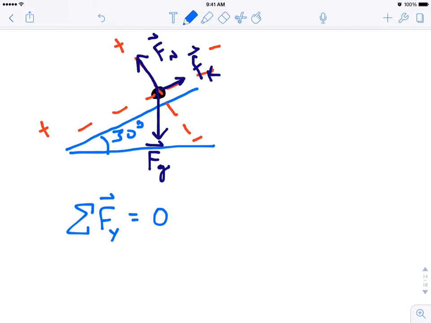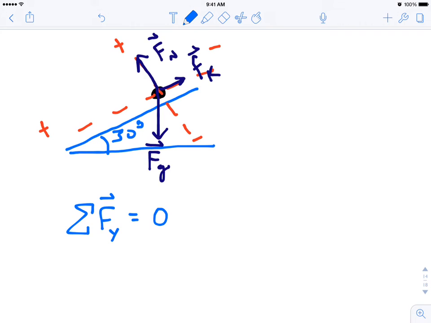What we're going to do now is take a look at the forces on the x-axis, where we will have the kinetic friction force, which will be working against a component of gravity. And so, to keep moving here, what I need to do next is take a look at the force of gravity, which is in between my x-axis and my y-axis, and I need to separate that into components.